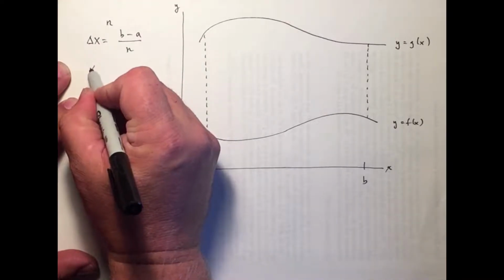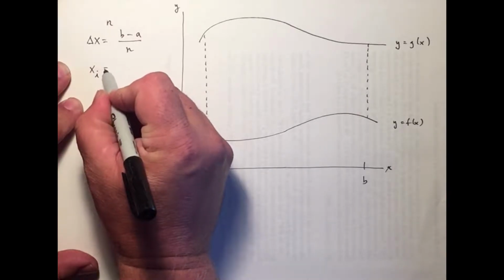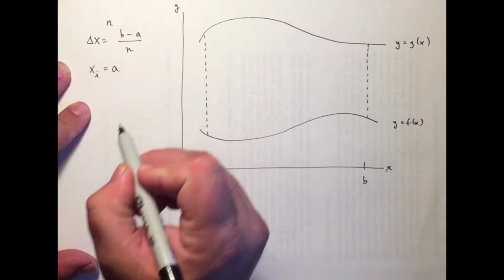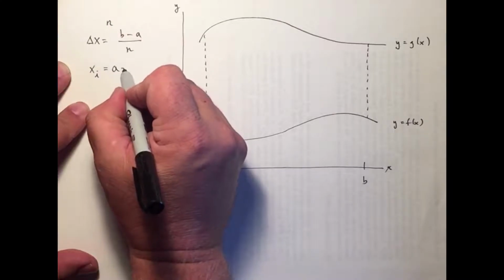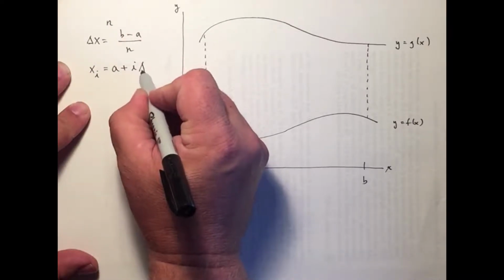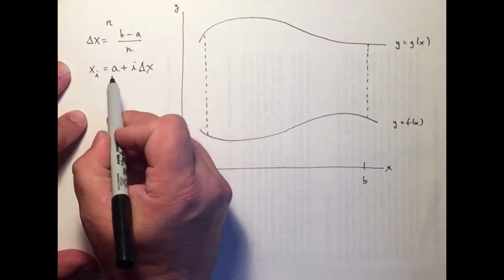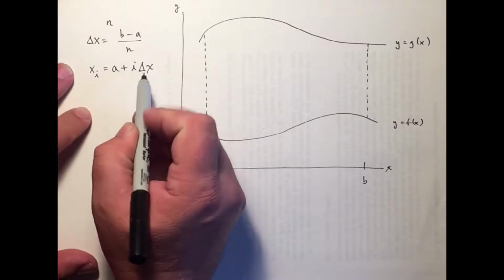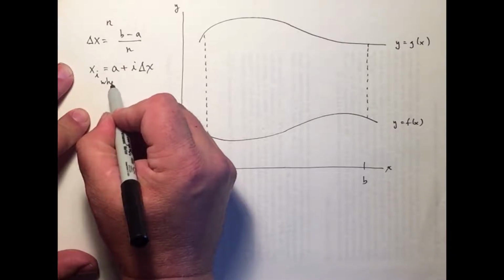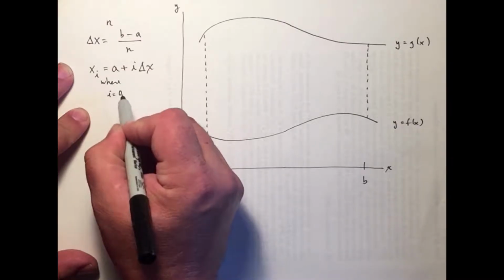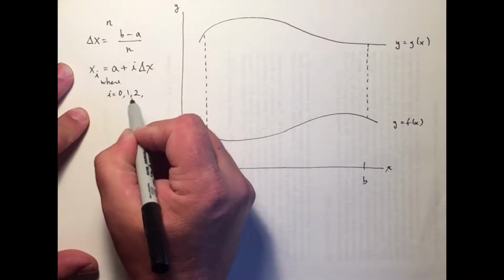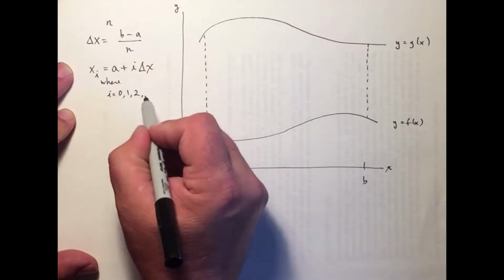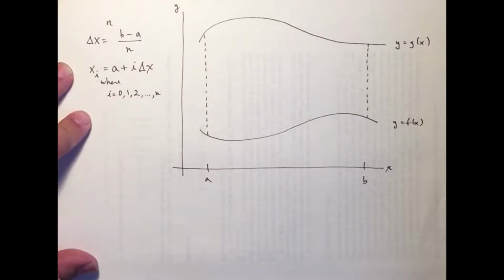So I'm going to write down a symbol representing those points on the endpoints of the subintervals. So x_i is going to be a plus i times our delta x. And here, i is an index. It starts at 0, goes up by 1, 1, 2, all the way up to n.